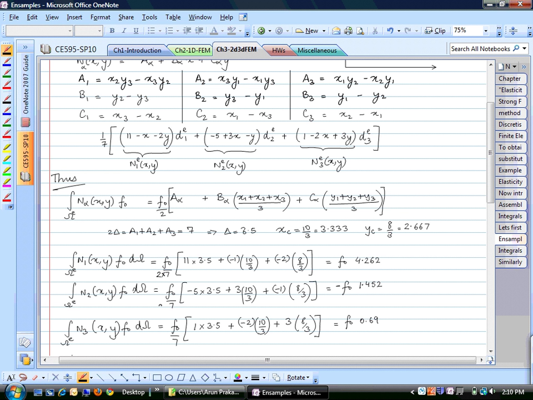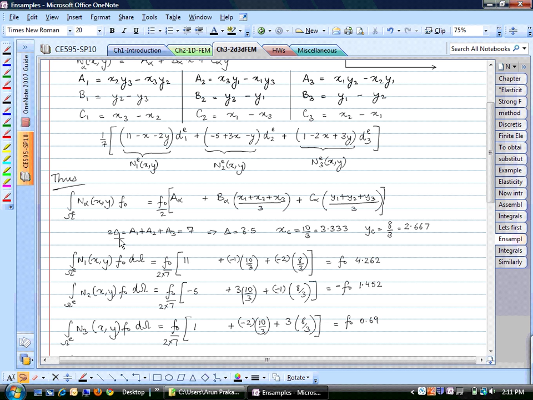Two times 7, 2 times 7, 2 times 7, that's in the denominator, and this delta does not need to be multiplied here. Okay, so I guess what I should do here is ask you to do these calculations again, because there are errors in these calculations. But let's take a look at what we were trying to do here.